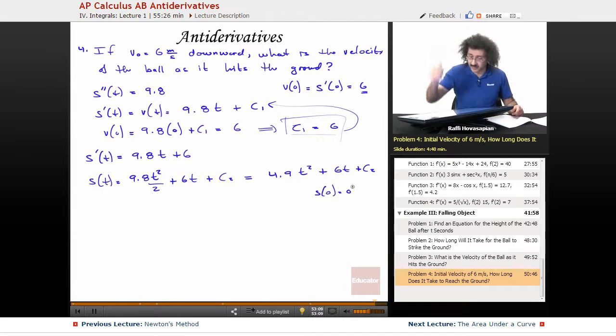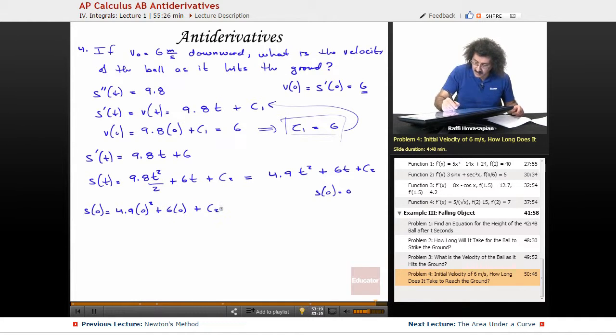My 0 point is my starting point. Therefore, s of 0 is equal to 4.9 times 0 squared plus 6 times 0 plus c2 equals 0, which implies that our c2 is equal to 0. Therefore, s of t is now equal to 4.9t squared plus 6t.